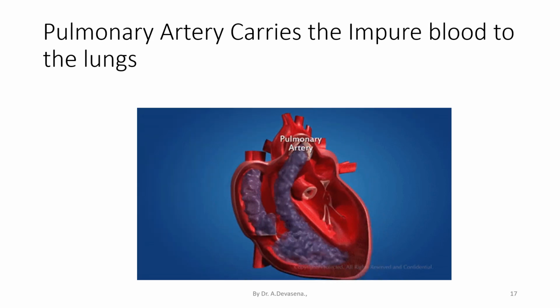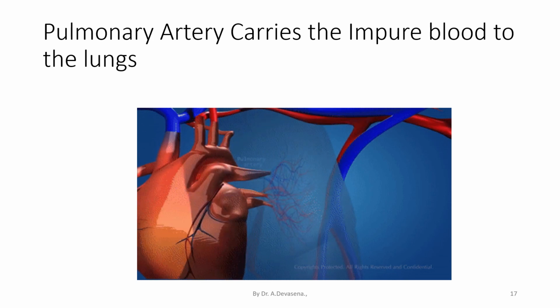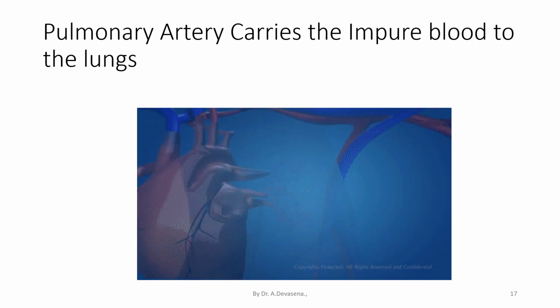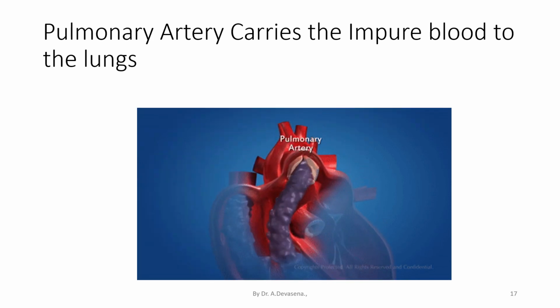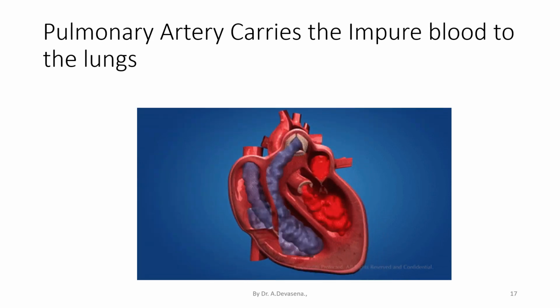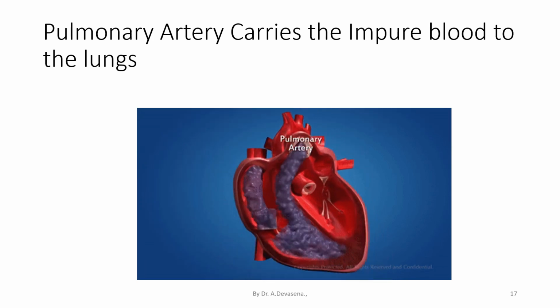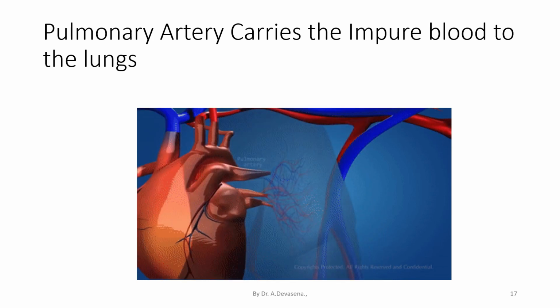This impure blood is carried by the pulmonary artery, and this pulmonary artery passes the impure blood to the lungs, where it is going to be purified. This is indicated in this animation.